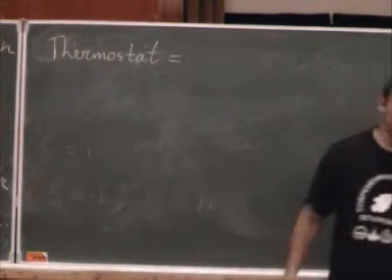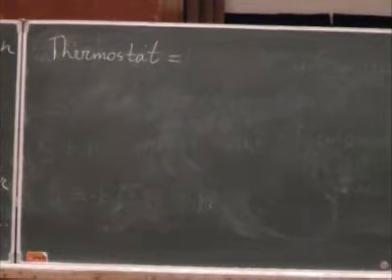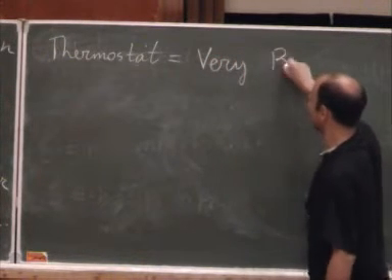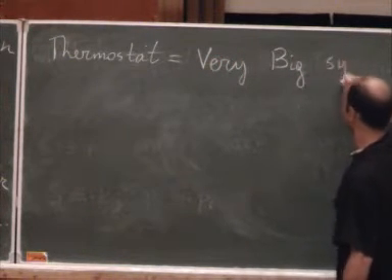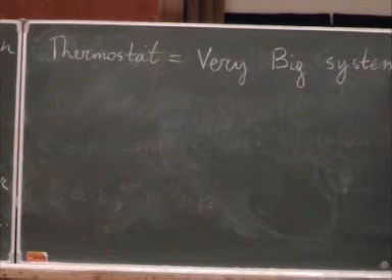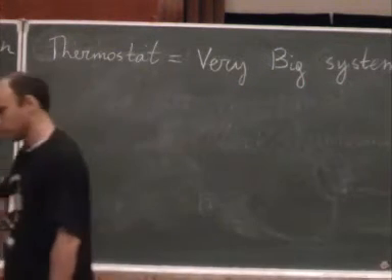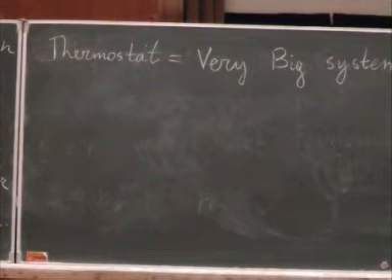And actually it is just any sufficiently big system. So our goal is to impose the temperature from the exterior, and to do that we just take a very big system whose temperature does not change in any noticeable way if we add or subtract some energy from it.